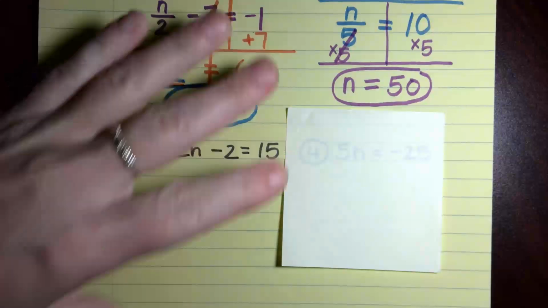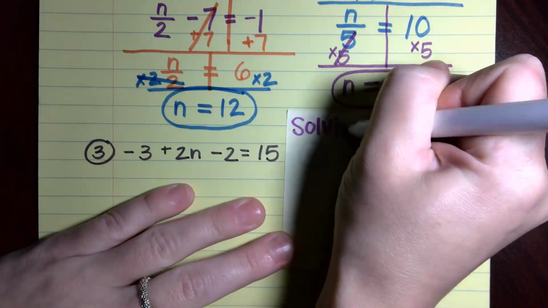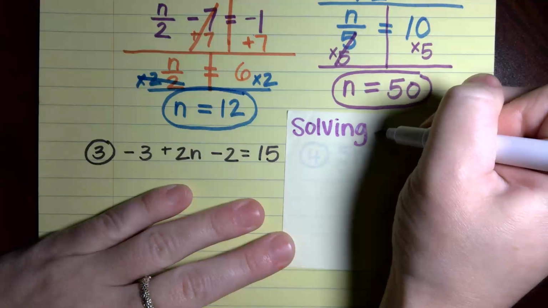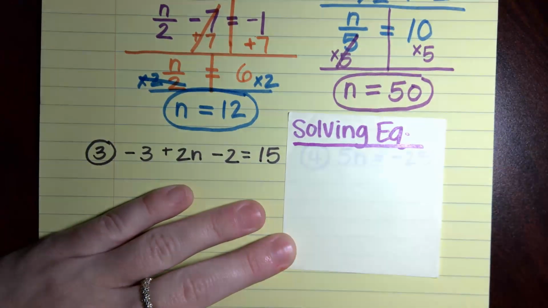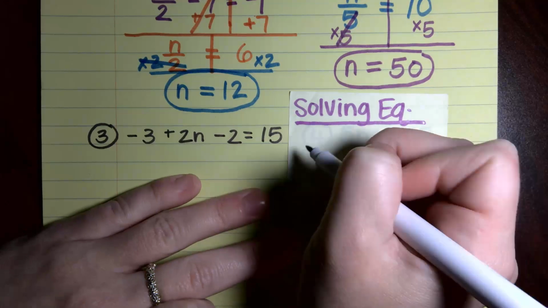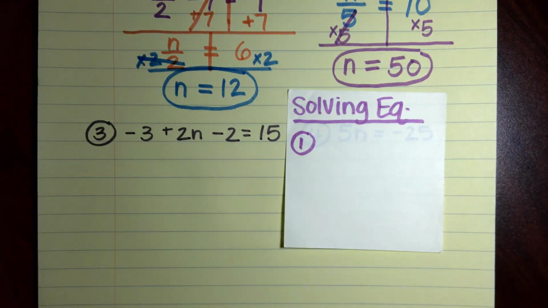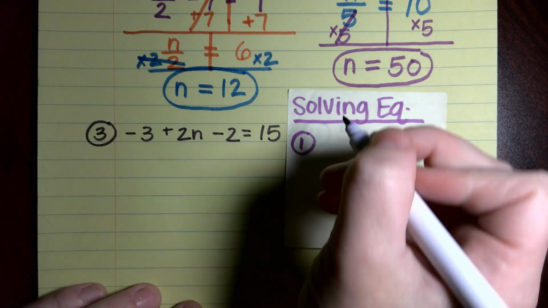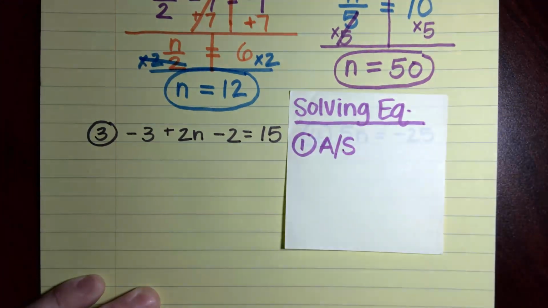So I'm going to write here, solving equations. Your first step, remember we go in backwards order of the PEMDAS. So step 1 is to get rid of addition and subtraction.